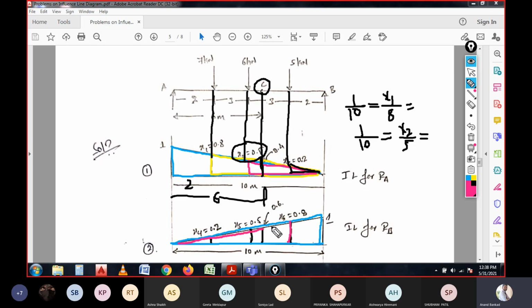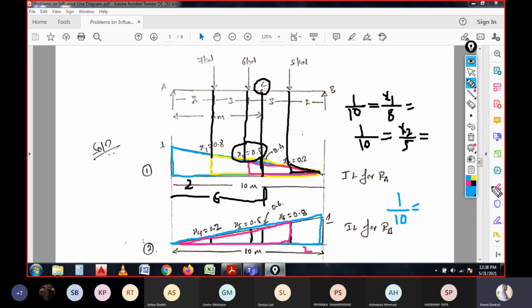So how do you do that? The height should be considered and the length is known. So here in the total length of 10 meter, it is 2 meter distance over here, and the remaining is 8. So if you write that, for the blue line, we have the triangle of 1 by 10, right?